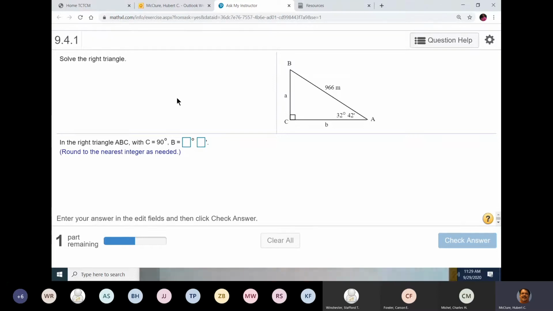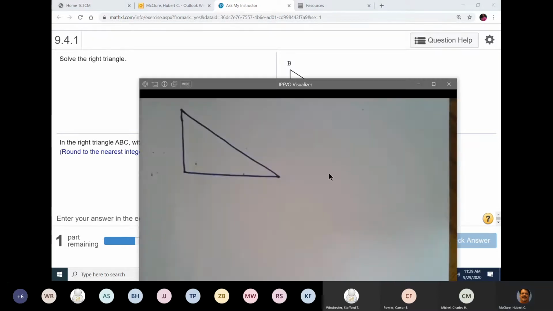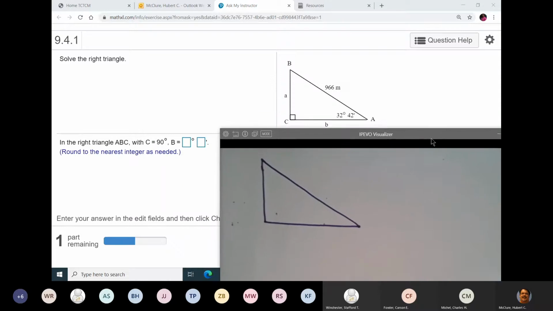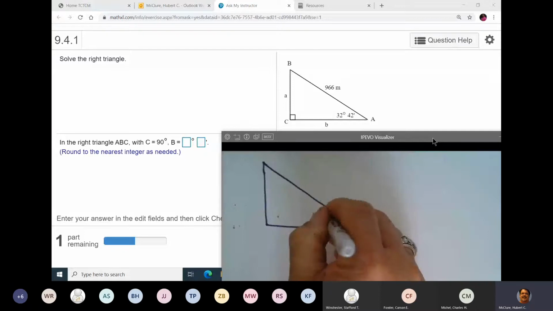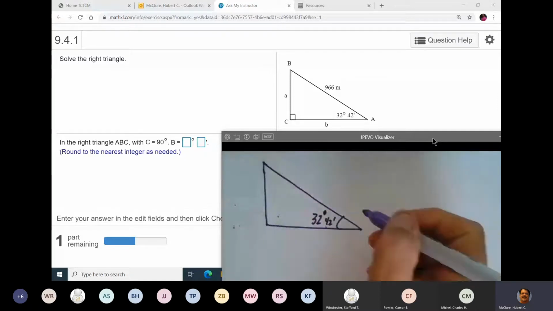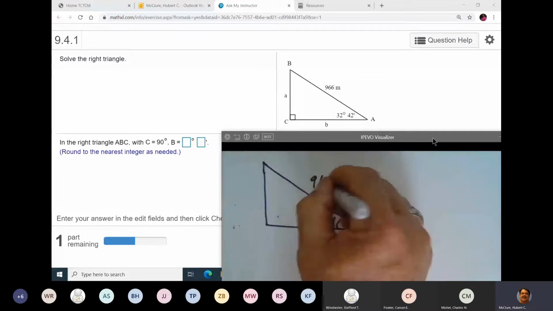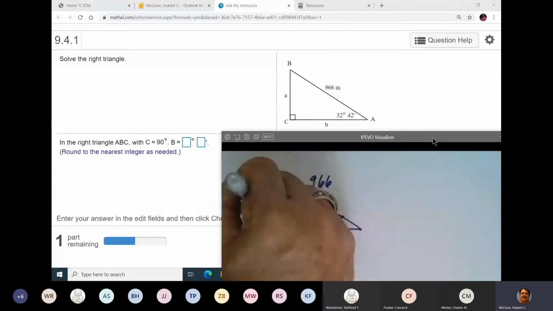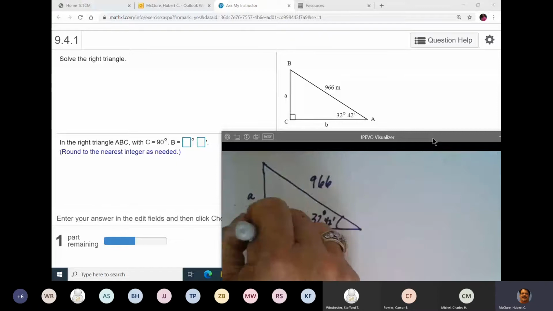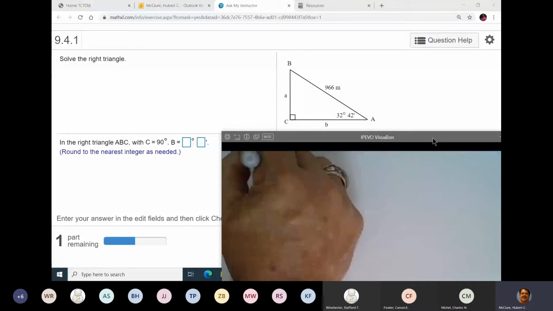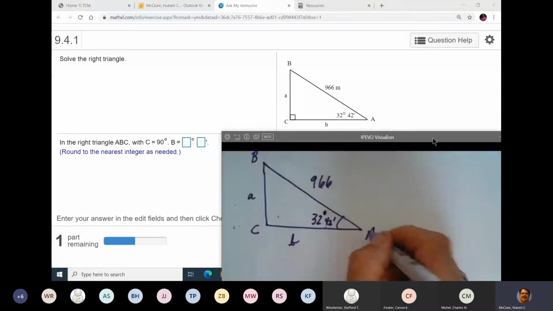So we got 32 degrees 42 minutes, and we've got 966. This is little a, this is little b, this is C, and this is big B. So of course this is big A. And they want to solve the right triangle.